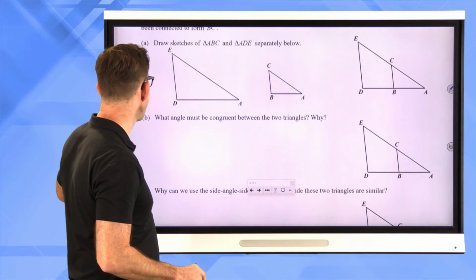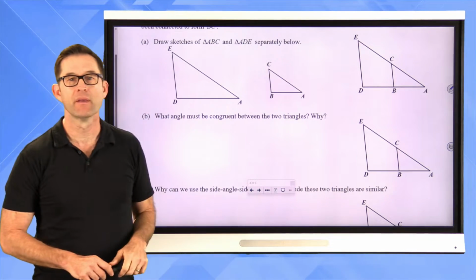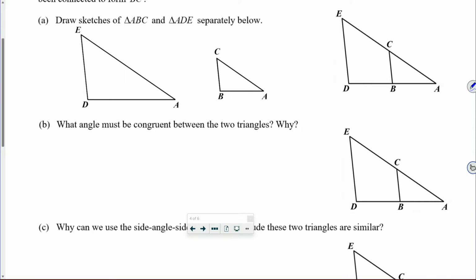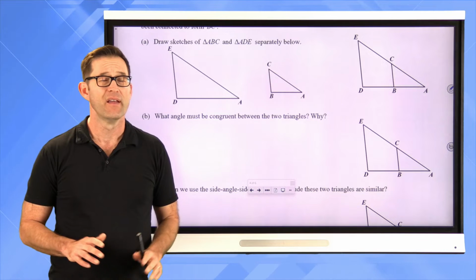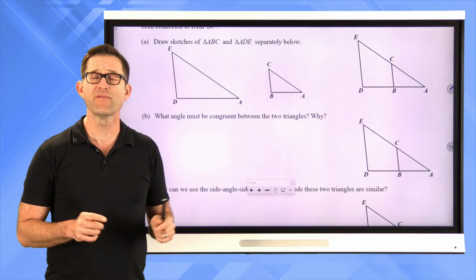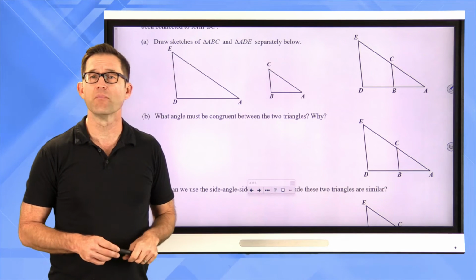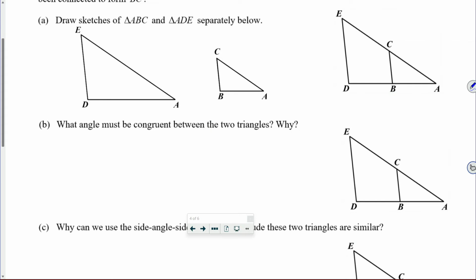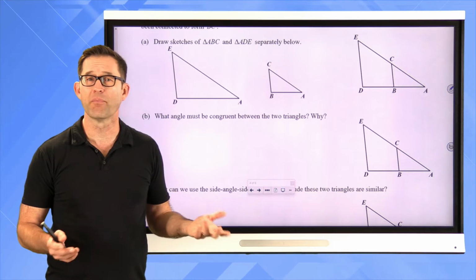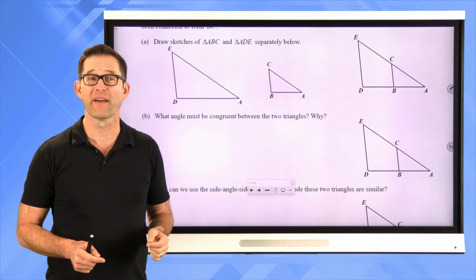Now let's look at letter B. What angle must be congruent between the two triangles and why? This should be pretty easy, but pause the video right now and tell me what angle must be congruent between the two triangles.